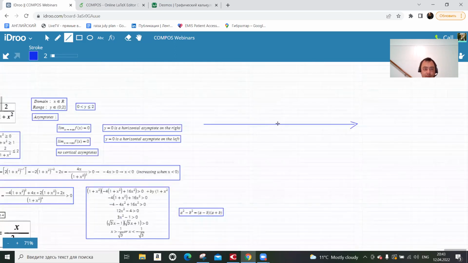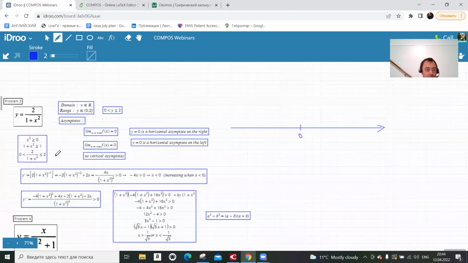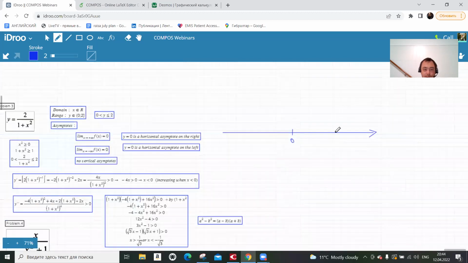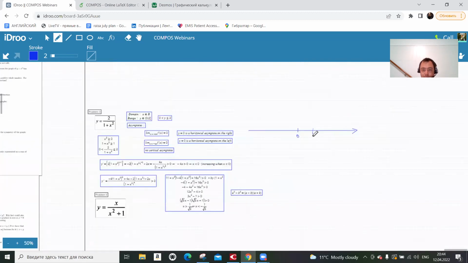So interesting points. Well, 0 is definitely an interesting point because that's a stationary point. Then there are no other interesting points except 1 over square root of 3, that's an inflection point, and minus 1 over square root of 3.